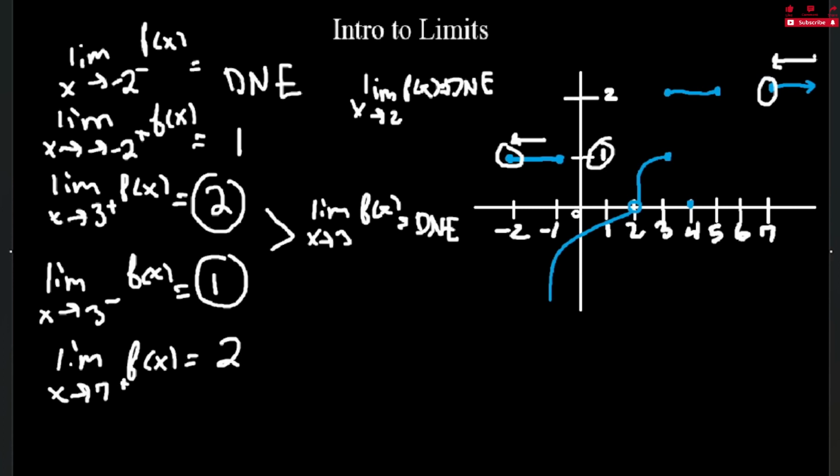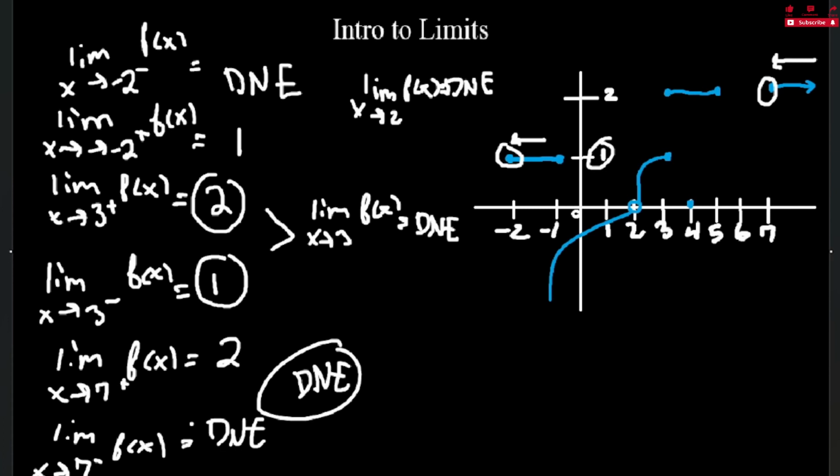Don't get tripped up by this. This is just saying it's infinitely going to the right. But if we're just looking at this point right here, as it approaches 7 from the right, it's 2, and then from the left, let's just say the limit as x approaches 7 from the left of f of x does not exist. So the limit in general just does not exist. We're not going to write it all out, but you get the point.